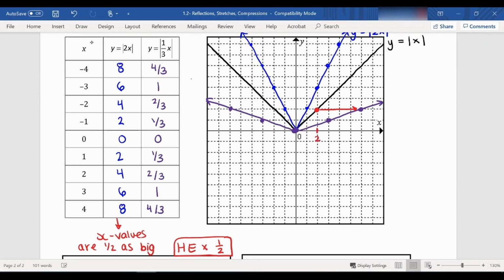Originally, it was at 2. Now it's at 6. If I take a look at this point here, it moved over here. Originally, it was at 1. Now it's at 3. -1 to -3. So we can see that these x values have been multiplied by 3.